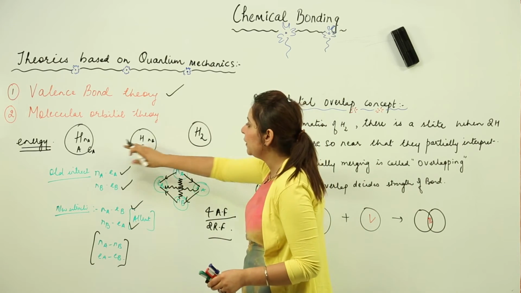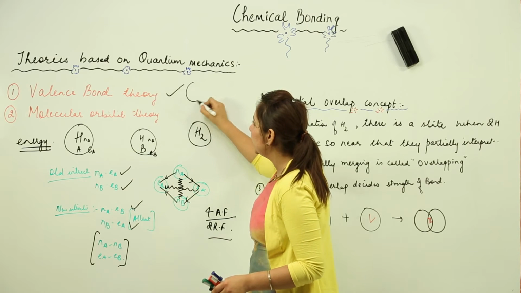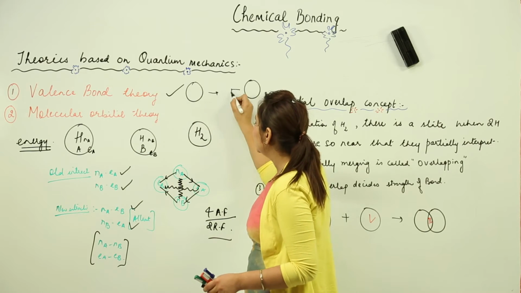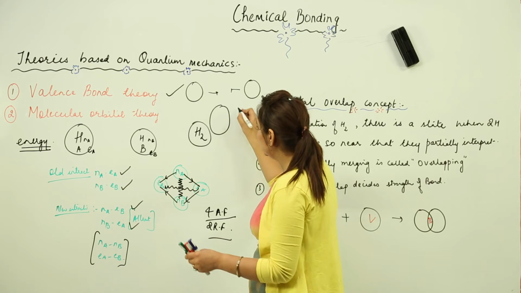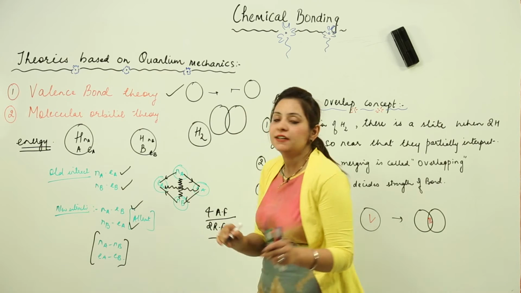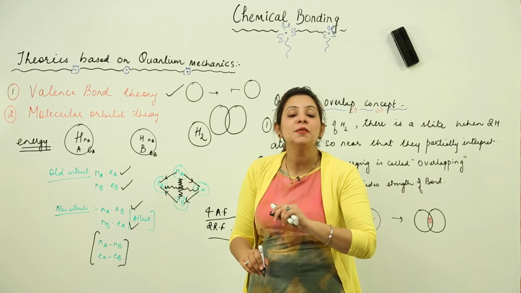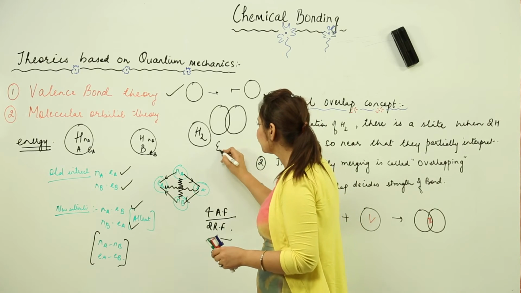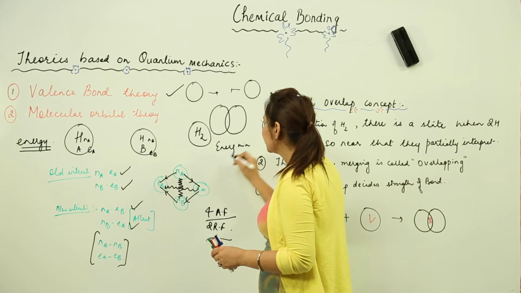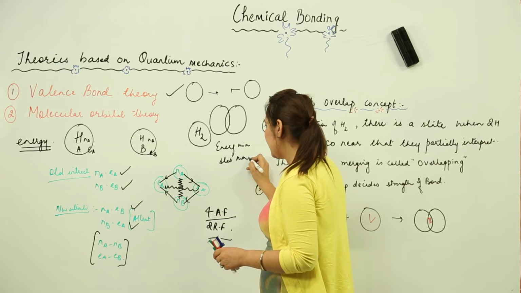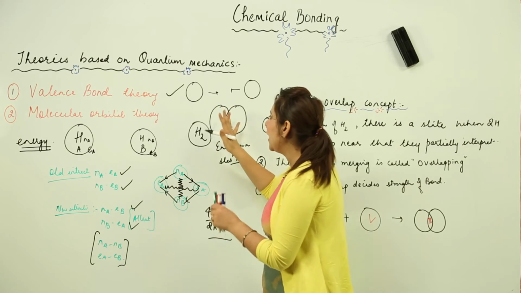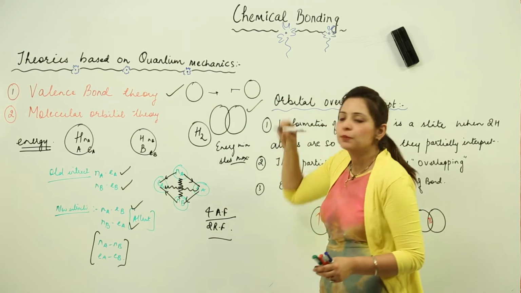Suppose this is my hydrogen A and hydrogen B, and they start coming towards each other. They stop at the level where the attractive forces are maximum, energy is minimum and stability is maximum. They stop at this point, and this results in bond formation.